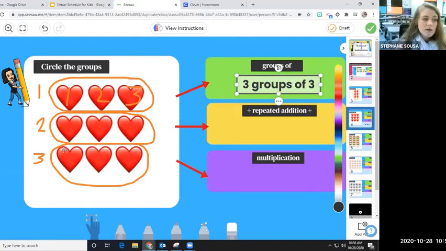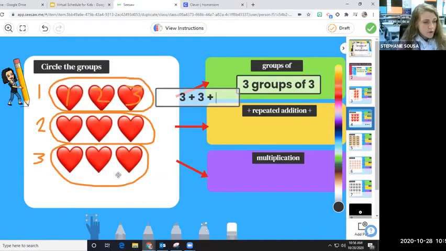You'll notice the array makes a square. Now we're going to use the label tool to add the repeated addition sentence. Our first group has 3 hearts. Our second group has 3 hearts.